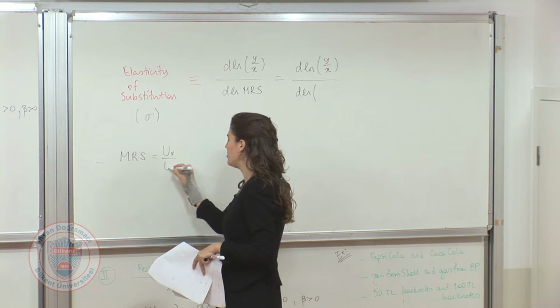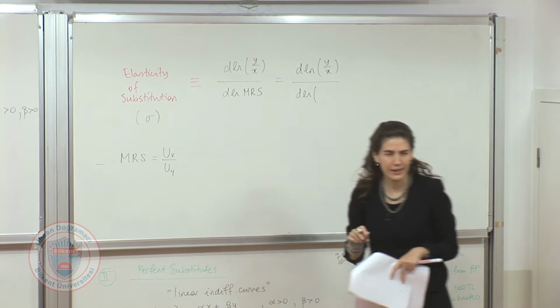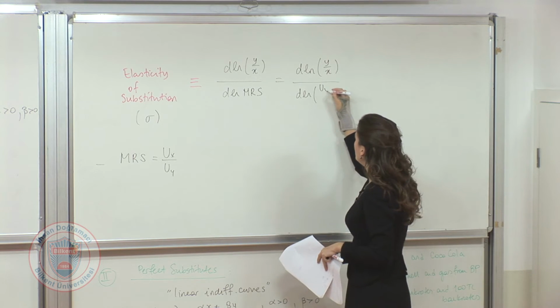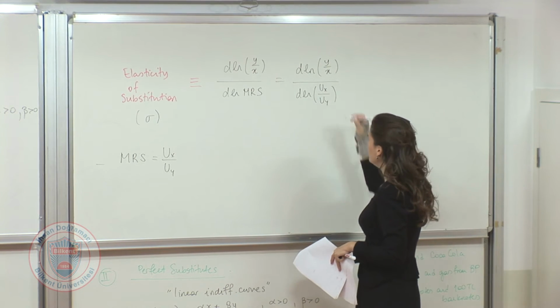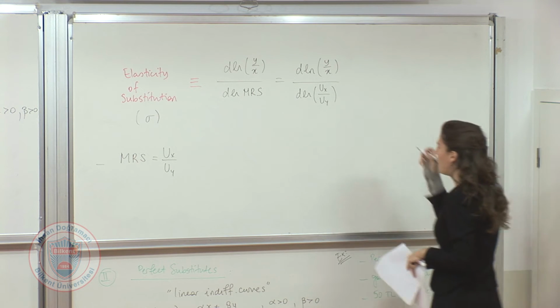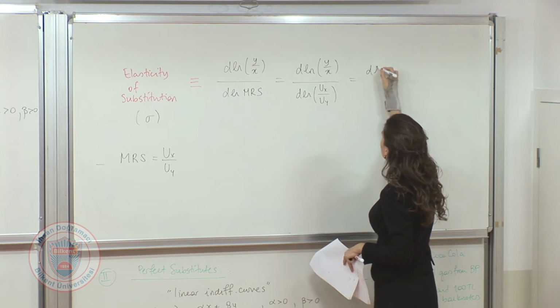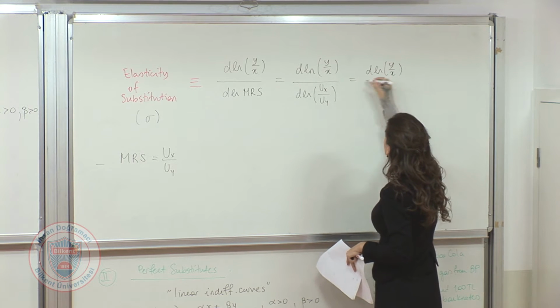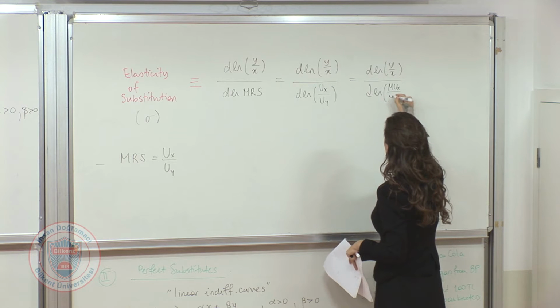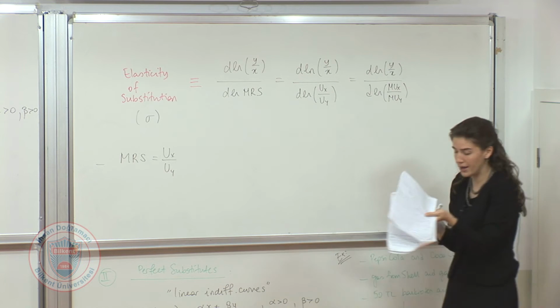So the ratio of the partial derivatives. So d ln of u of x over u of y, okay? It's the ratio of the marginal utilities. So if you want, you can write it like this: marginal utility of x divided by marginal utility of y, okay?